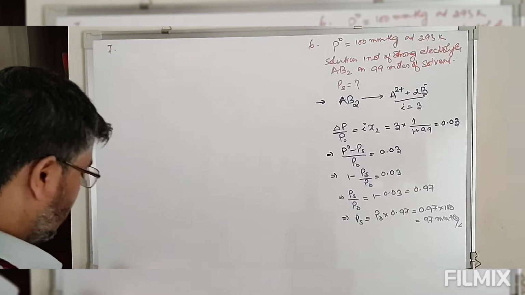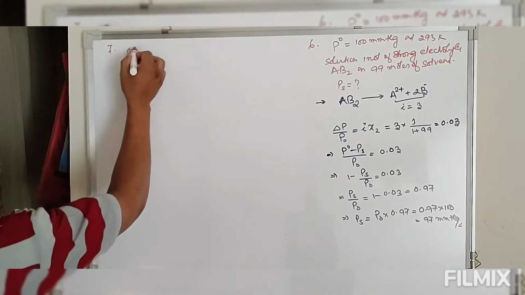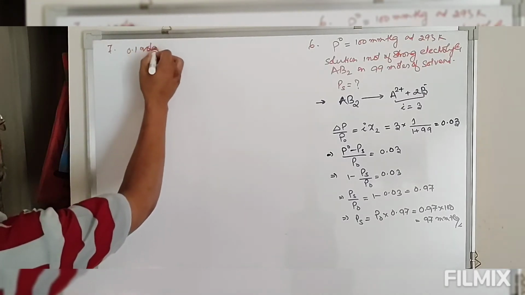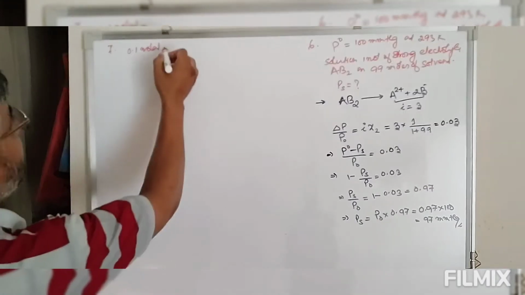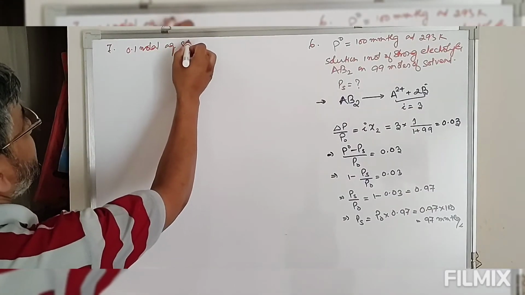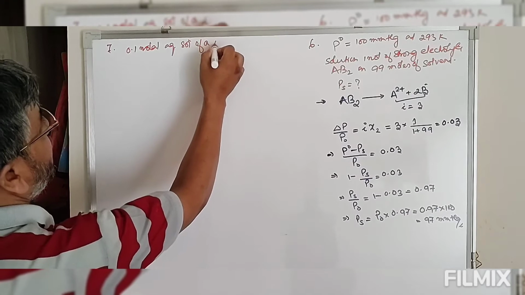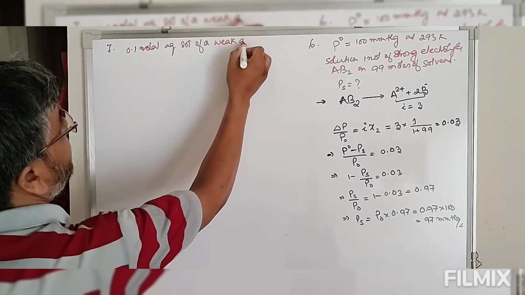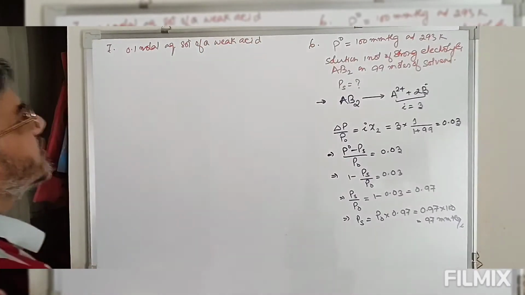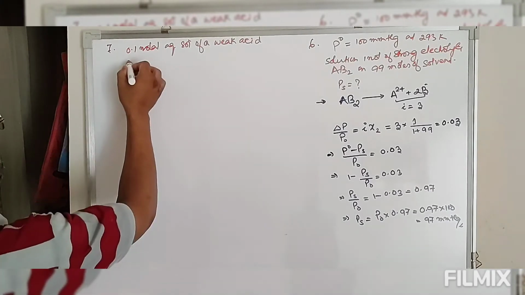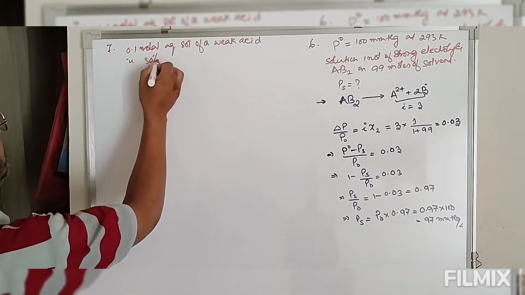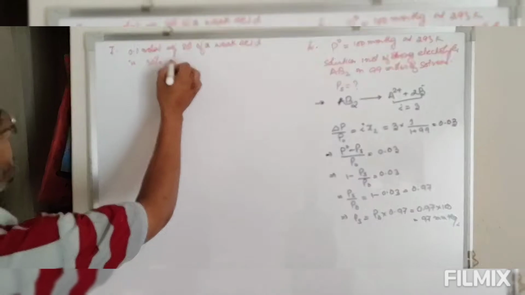Question says: a 0.1 molar aqueous solution of a weak monoprotic acid is 30% ionized.